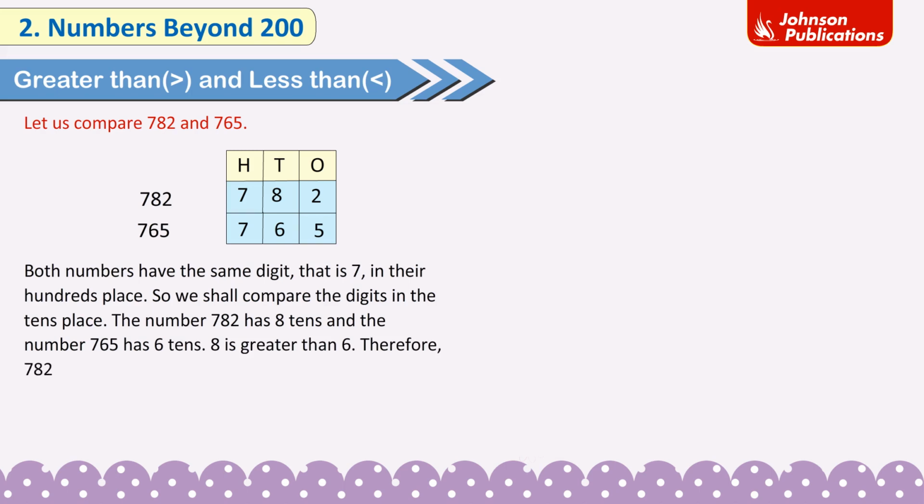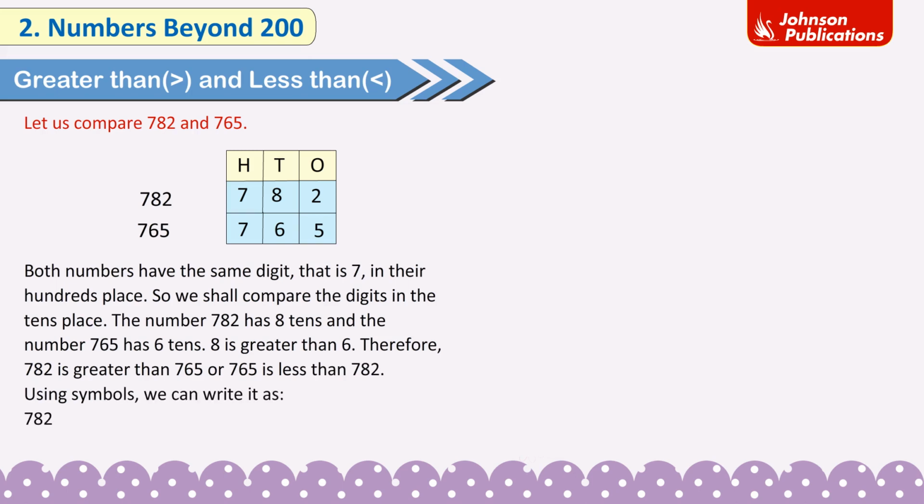Therefore, 782 is greater than 765 or 765 is less than 782. Using symbols, we can write it as 782 > 765 or 765 < 782.